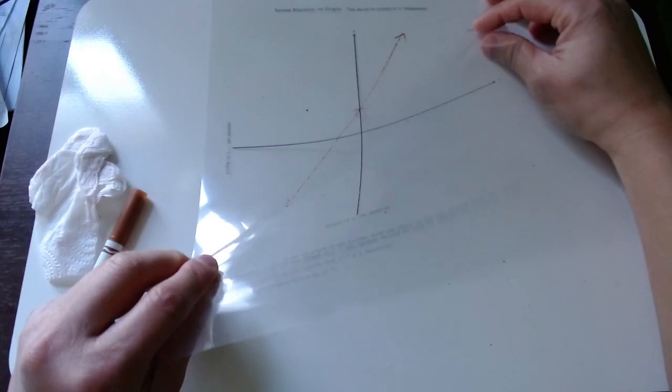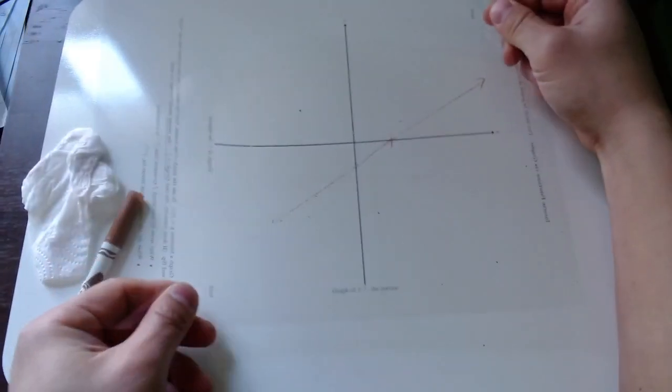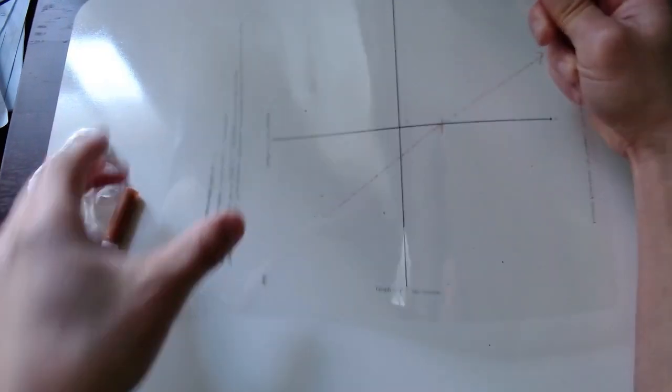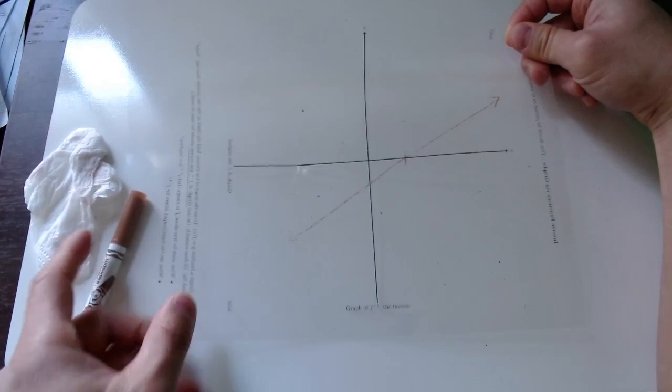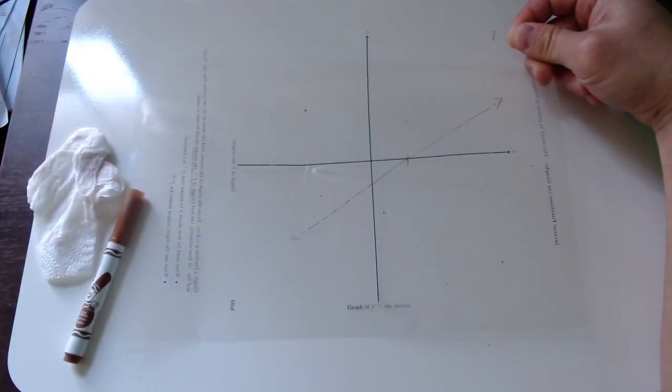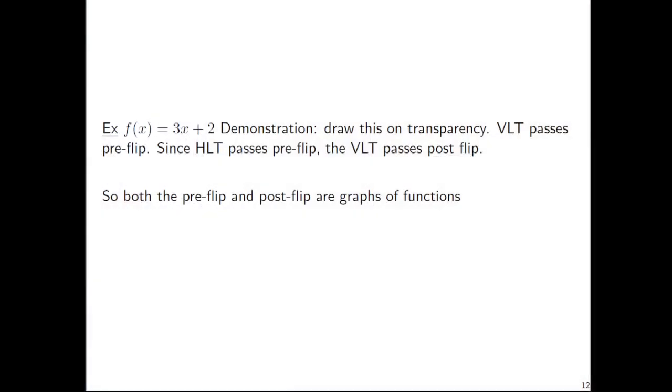And that means that in the diagonally flipped picture, the vertical line test passes everywhere. Since the horizontal line test passes here, the vertical line test passes there. And this picture is also a line, but it's the graph of a new function. So both the pre-flip and the post-flip are graphs of functions.